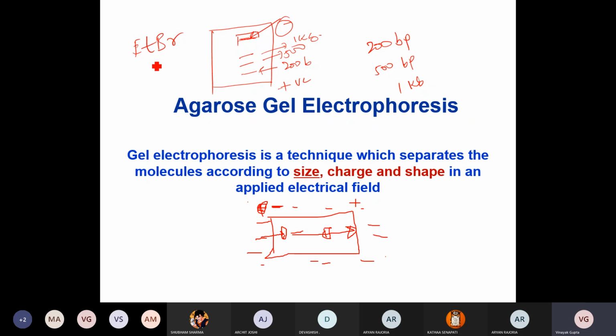ETBR, ethidium bromide. This is carcinogenic, and it should be handled very, very carefully. What do you mean by carcinogenic? It can cause mutation. It should not come into contact with your skin by any mistake. You have to be extremely careful.